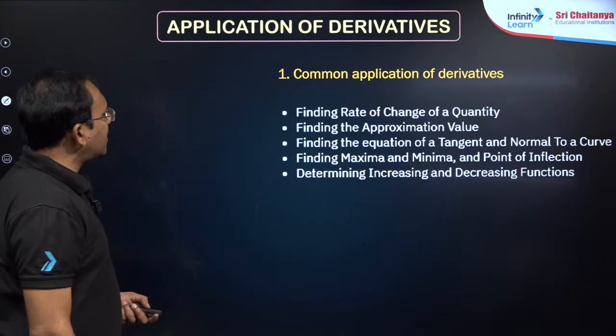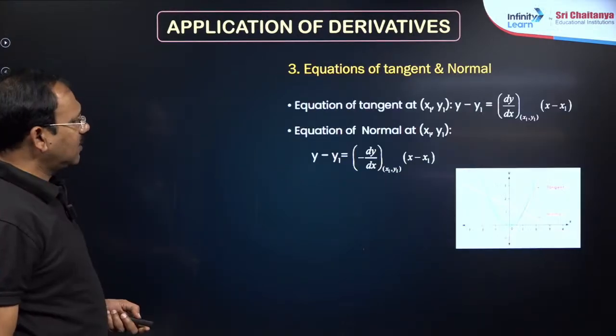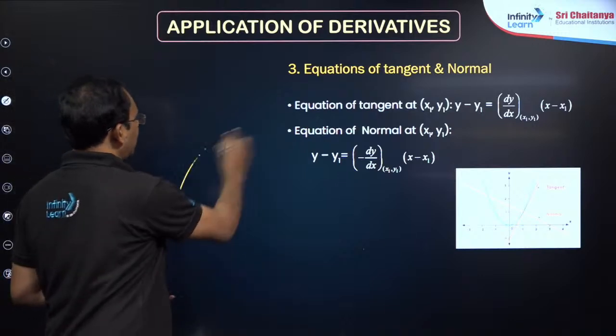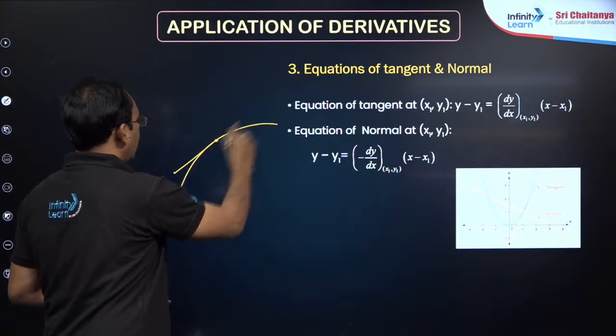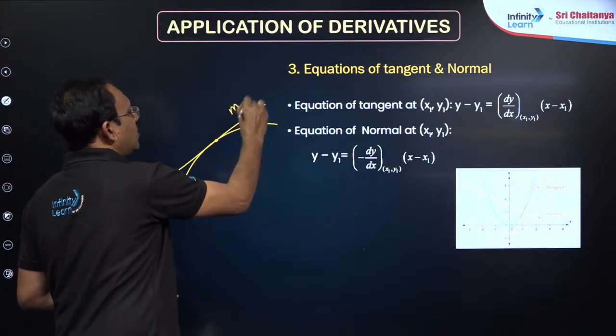Next, in applications of derivatives, dear students, tangent. One thing you try to remember: if you are given a curve, my dear friends, at a particular point, the tangent slope is given by the derivative at that point.